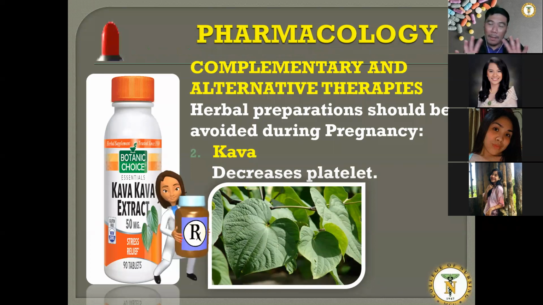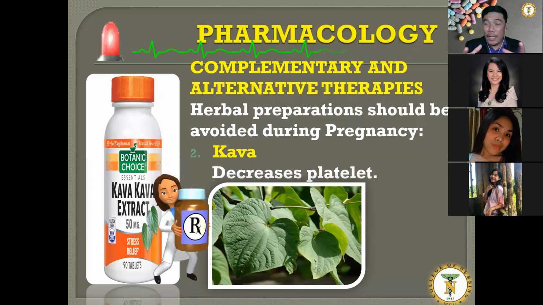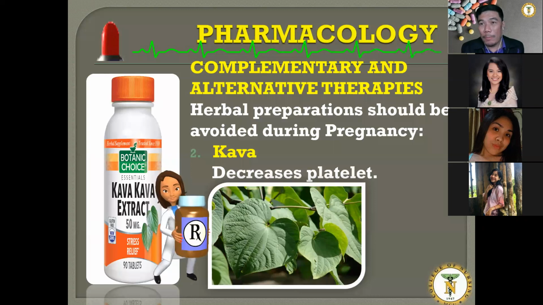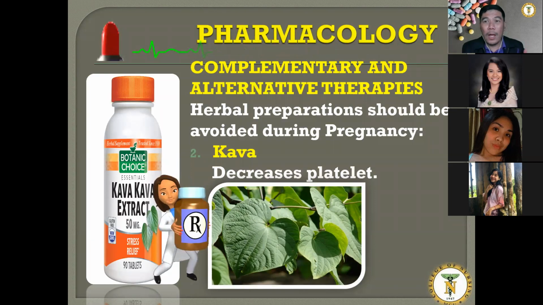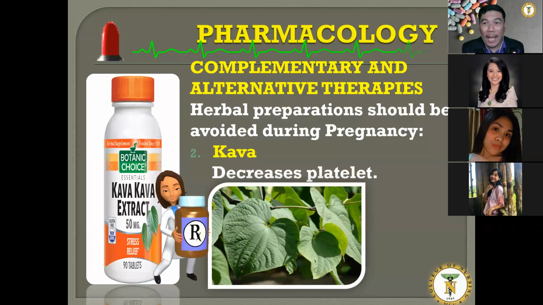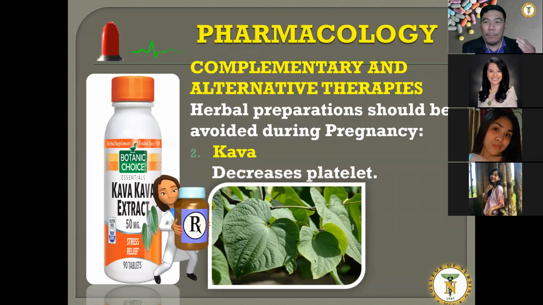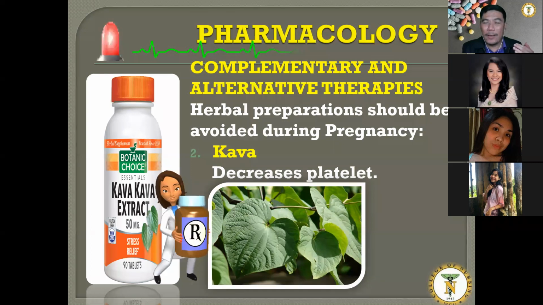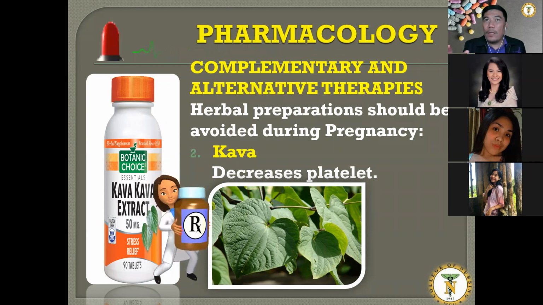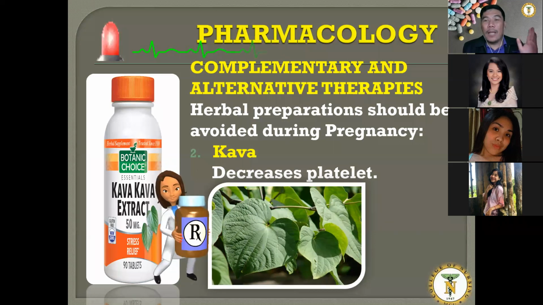Concerning the physiologic changes during pregnancy that we have known, it will expand the circulating blood volume. That's why the pregnant mother is at high risk for anemia. So if the pregnant mother is at high risk for anemia, and somehow it will decrease the platelets, then it may induce bleeding.